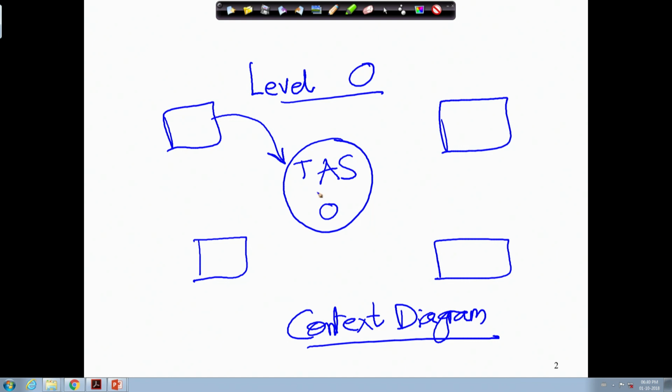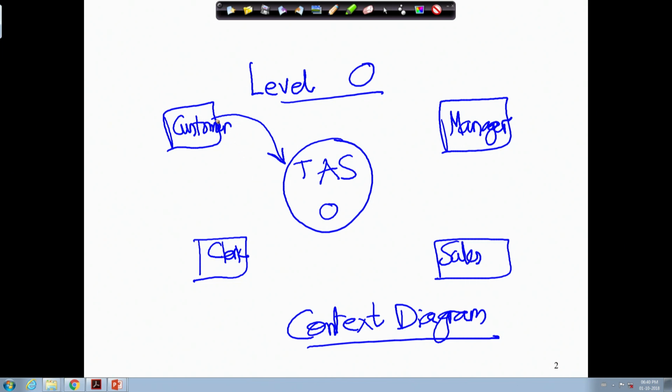The user may be a customer, it may be the clerk, it may be the manager. So, different types of users, they are the external entities, and this may be a sales person.